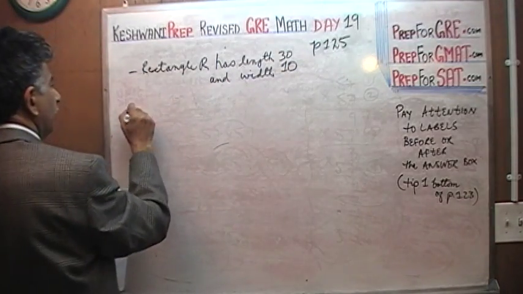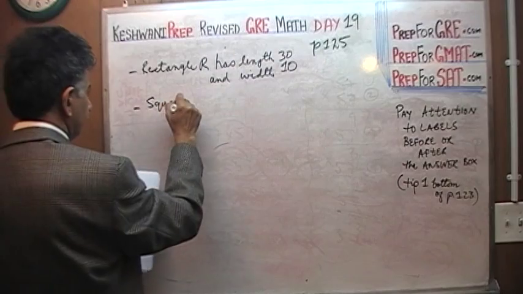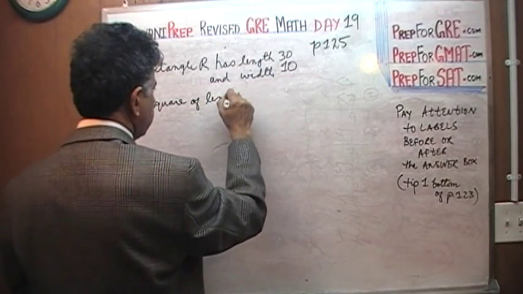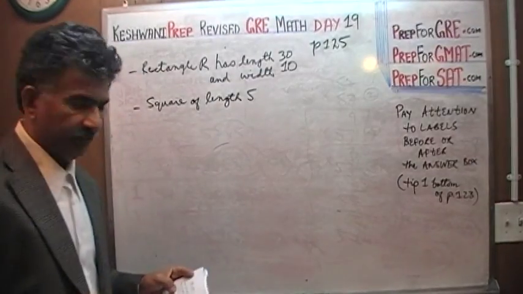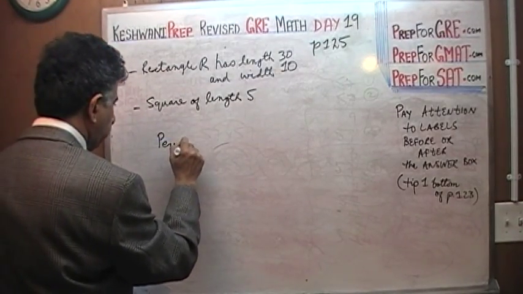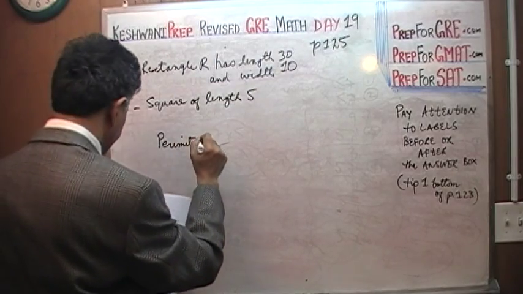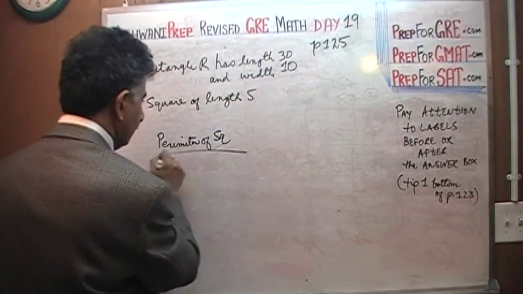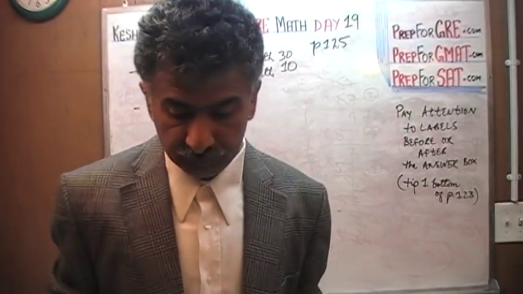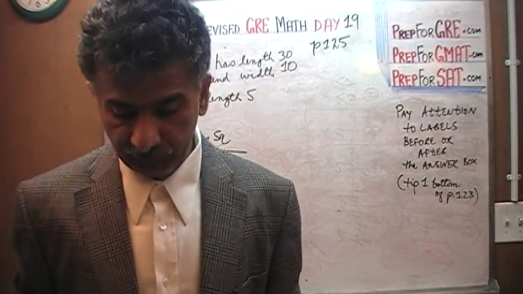And we are told that we have a square of length 5. The question simply is, what is the ratio of the perimeter of the rectangle, of the squares? You see, I almost said rectangle. It's very important that you pay attention to how the question is phrased.